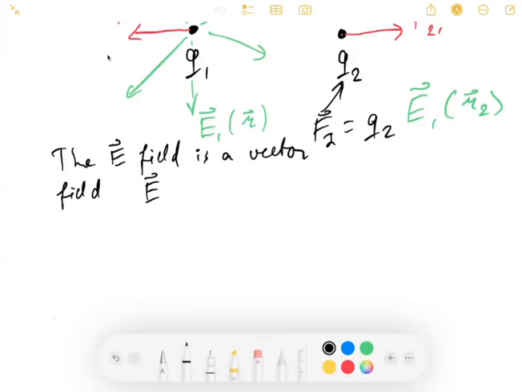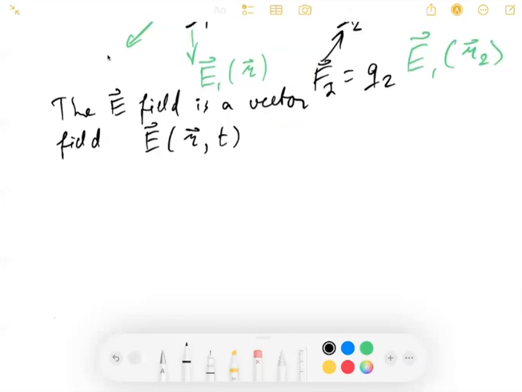And in general, in Cartesian coordinates, this could be X, Y, and Z coordinates. And then, of course, because it is a function of both space and time, we call it a vector field. It's a vector that varies as a function of where you are in space and time.